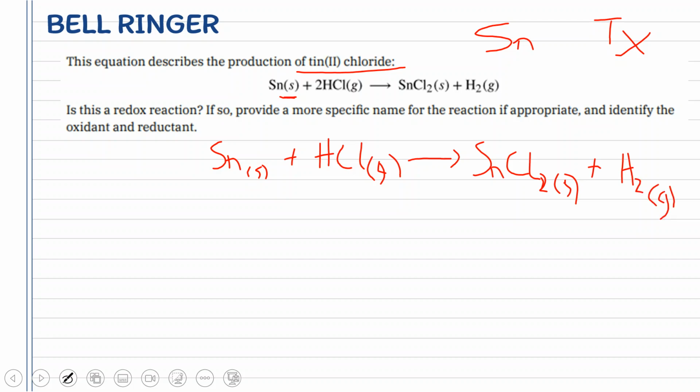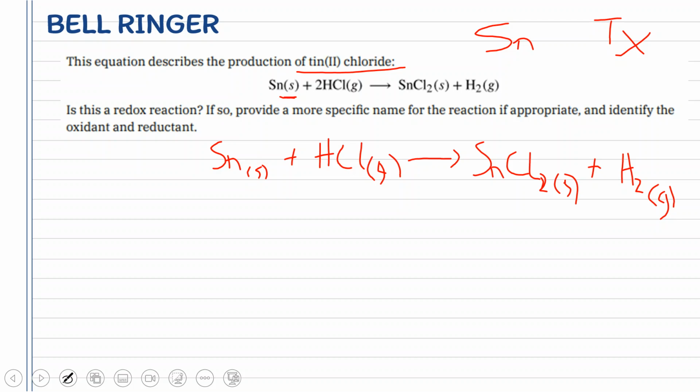So straight away, if you remember what we've been studying, there's something important here. To know if it's a redox reaction, we have to analyze it first. How do we know if it's a redox reaction? We said that if it's a redox reaction, there's going to be a change in its oxidation state or oxidation number. So let's see if there's any change in oxidation number.